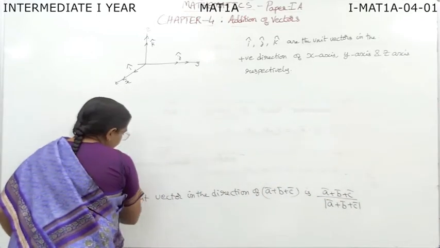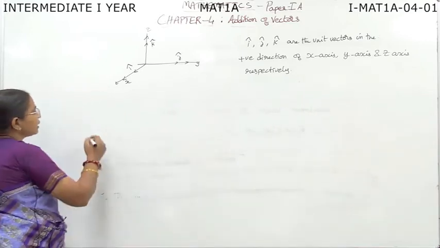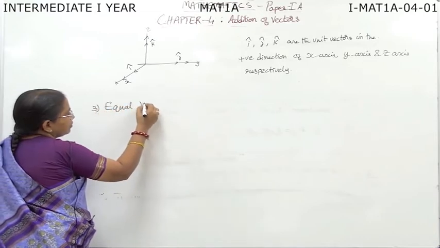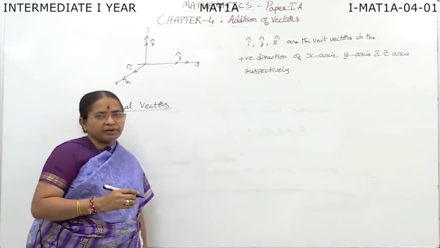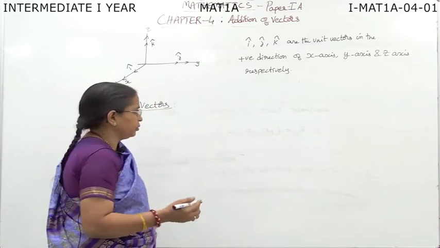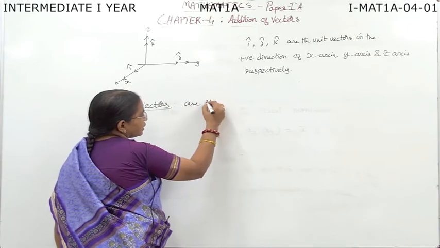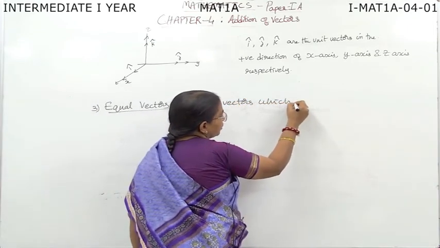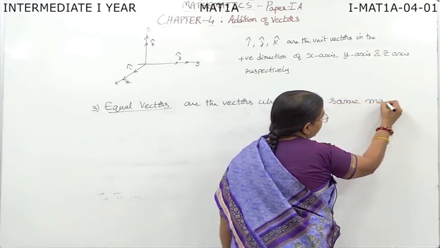Next is equal vectors. What are equal vectors? The next type of vector is equal vectors. Equal vectors are the vectors which have the same magnitude and same direction.